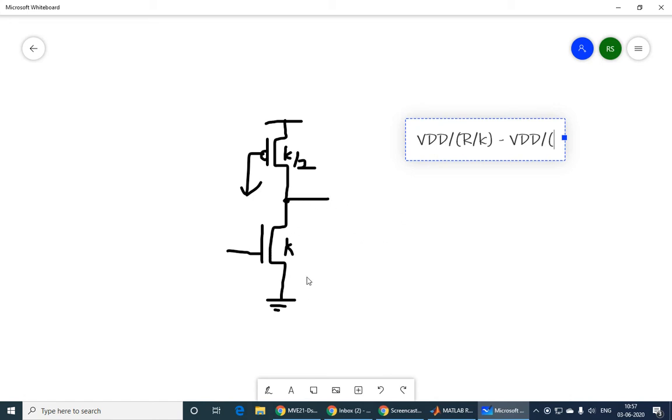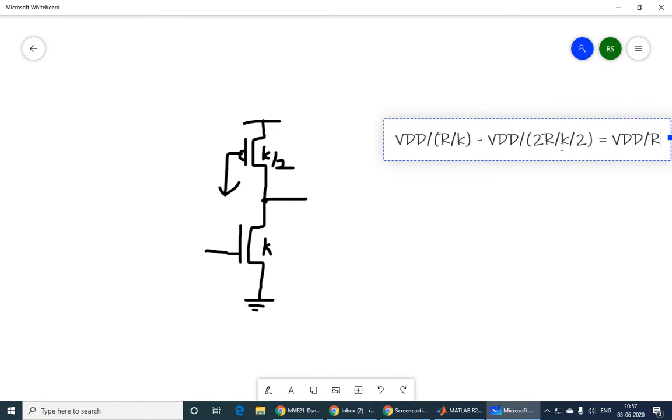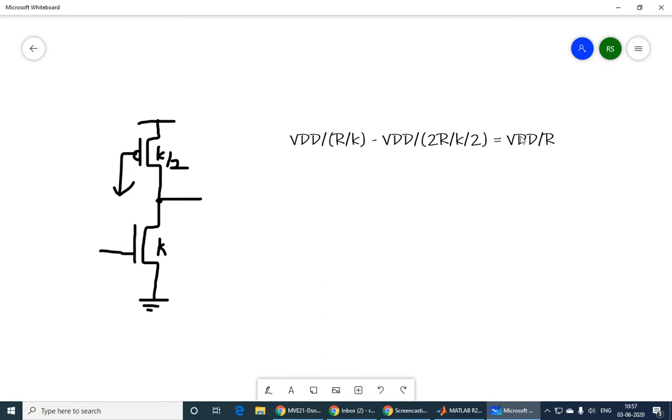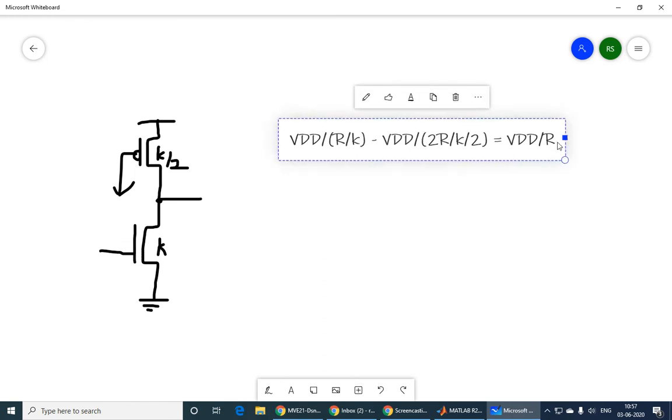NMOS transistor current is like this, PMOS transistor current is like this. So the net current discharging the output node is this minus this. So that is this minus VDD by 2R by K by 2. This is the current flowing through the PMOS transistor, and this should be equal to VDD by R. That is what our condition is telling us. We want it to be equal to VDD by R. So this is the equation.